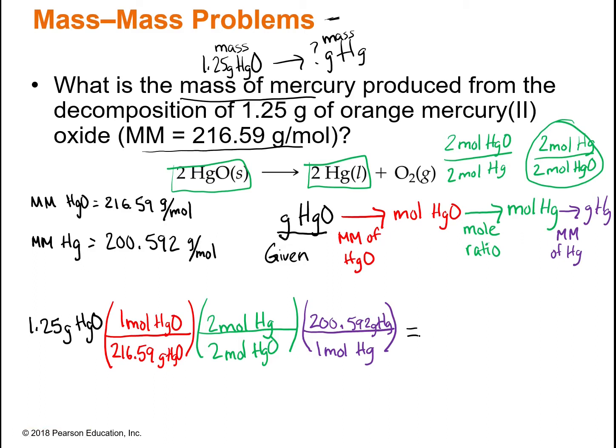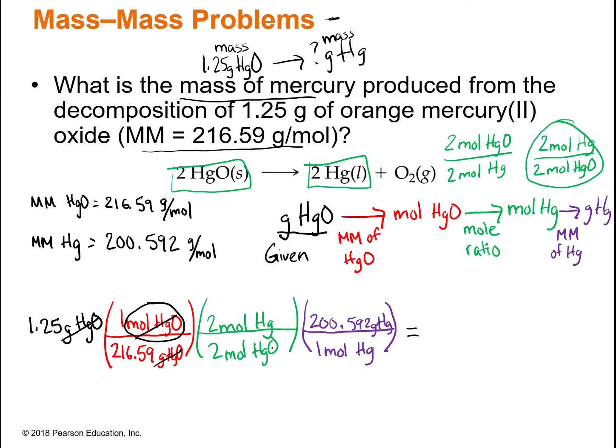So let's walk through this and make sure that our units are correct. The first step, we're going from grams of mercury 2 oxide to moles. So we're canceling out the grams, and we're left with moles. Great. Next, we're using that mole ratio between mercury and mercury 2 oxide to figure out how many moles of mercury we'll produce.